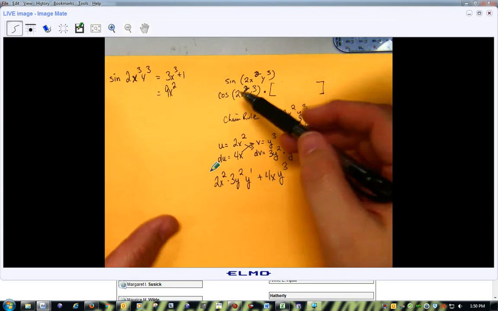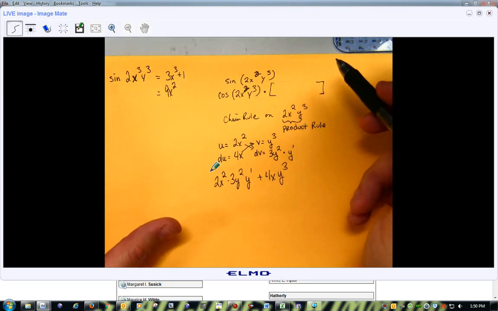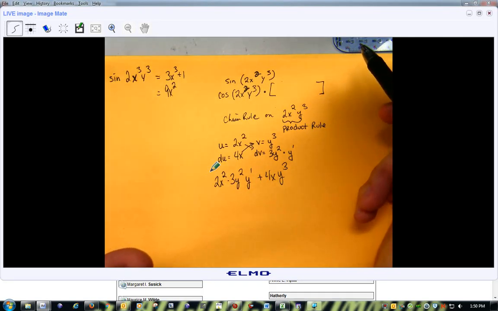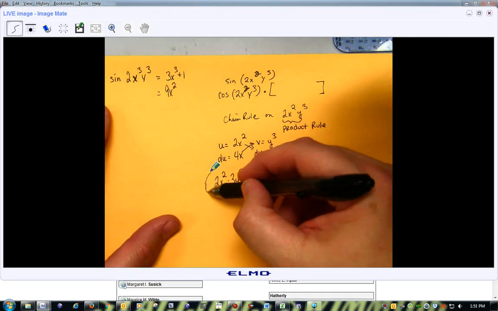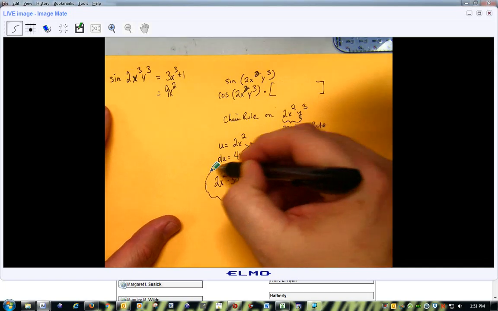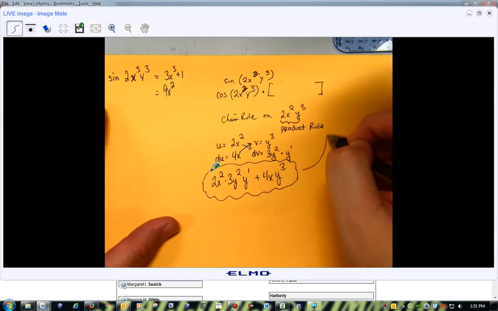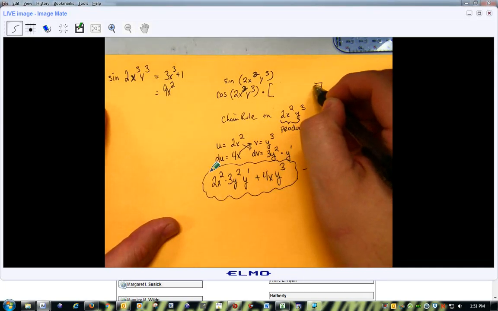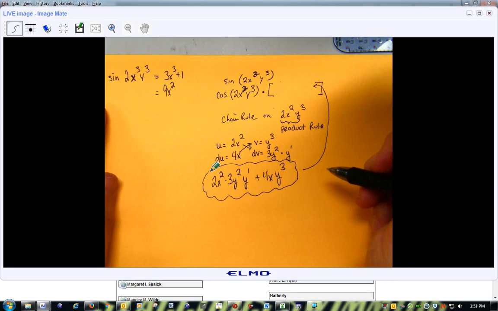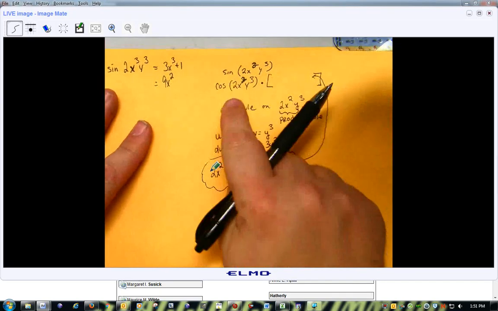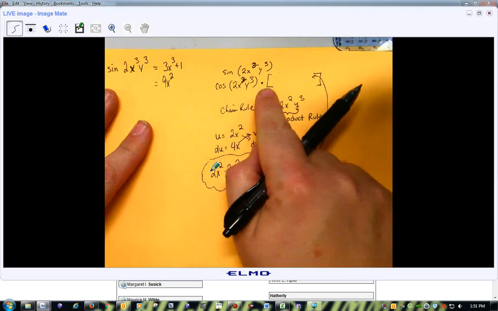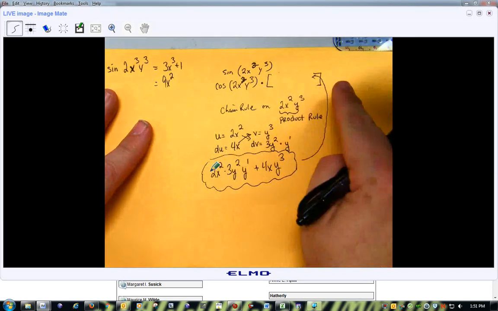And now I'm looking at this and saying, this is terrible, right? And this stuff ends up being in here, but I'm not going to put it in there because I don't want to waste my ink. But since it's cosine times something plus something, I could distribute, right?